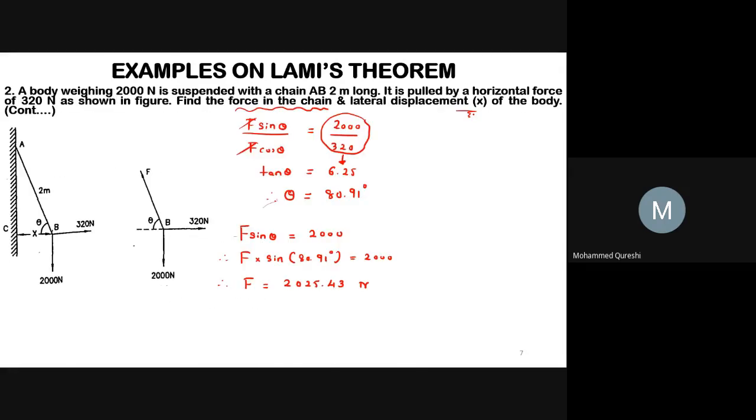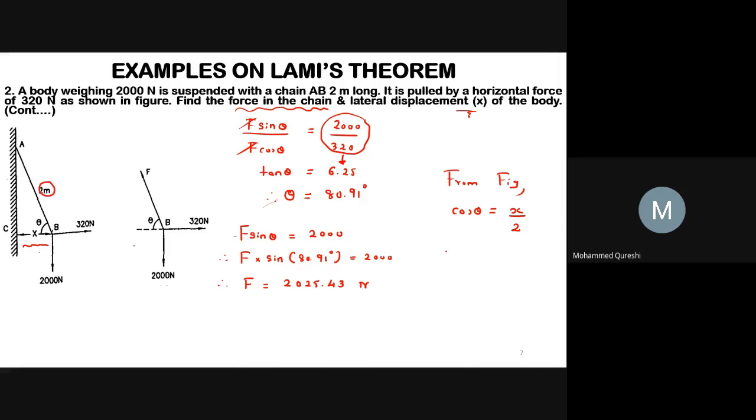So for lateral displacement of the body, from the given figure, we may say that cos theta equals x by 2. What is cos component? Cos is nothing but adjacent side upon hypotenuse. So adjacent side is x and hypotenuse is 2.